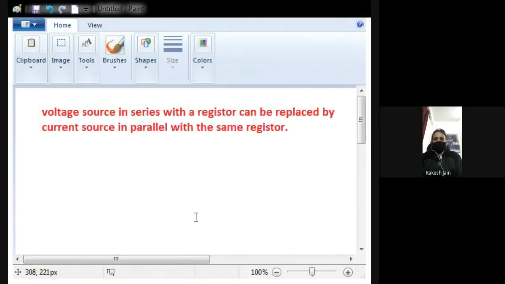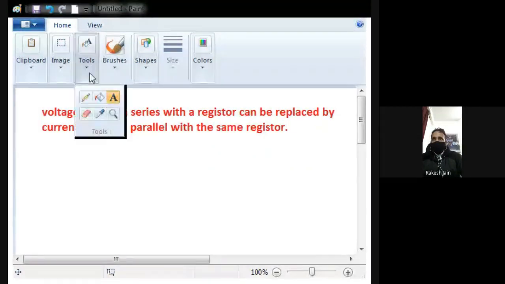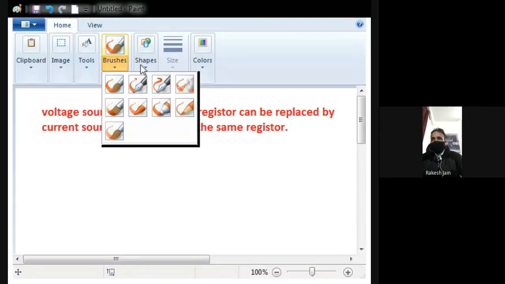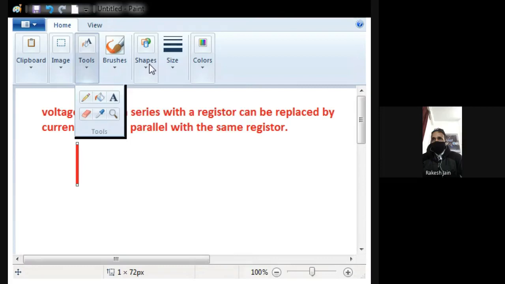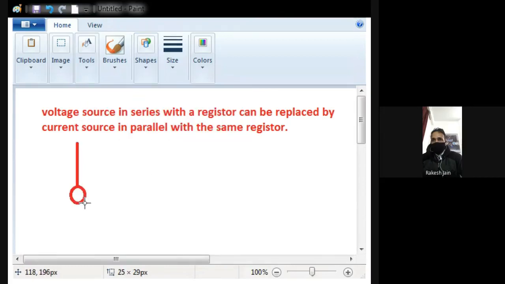Okay. So what I want to say, let's suppose we have a voltage source. Let's suppose the value is V, and in series with a resistor, for example.